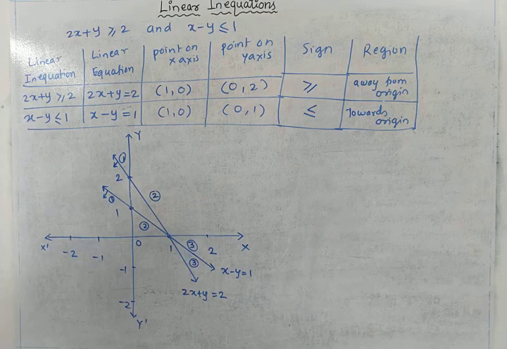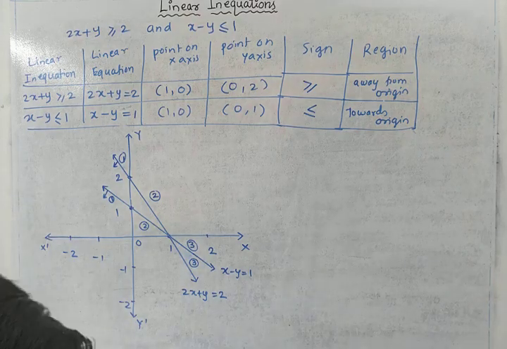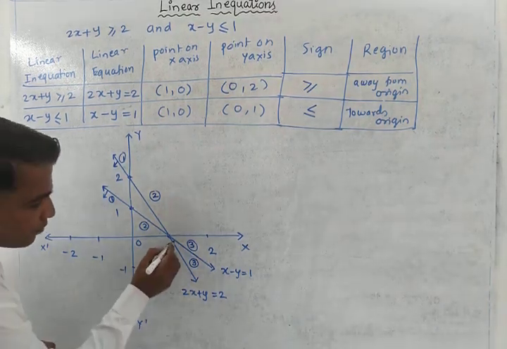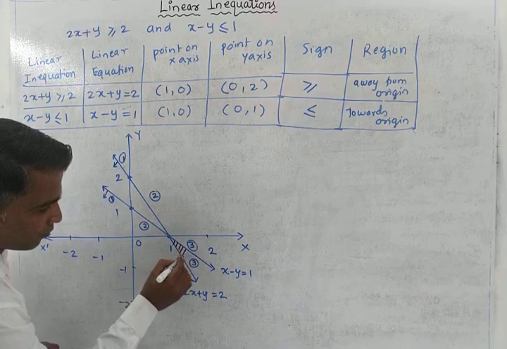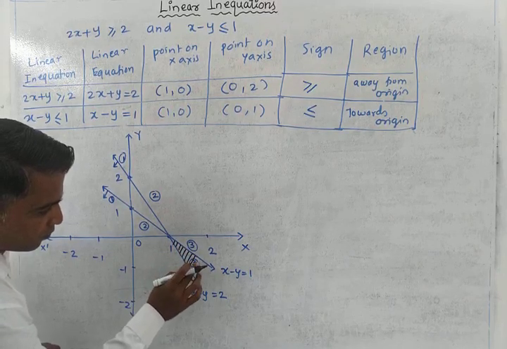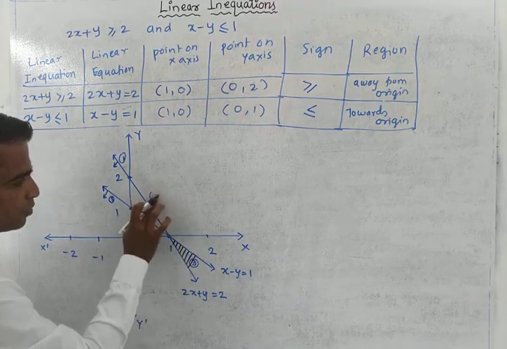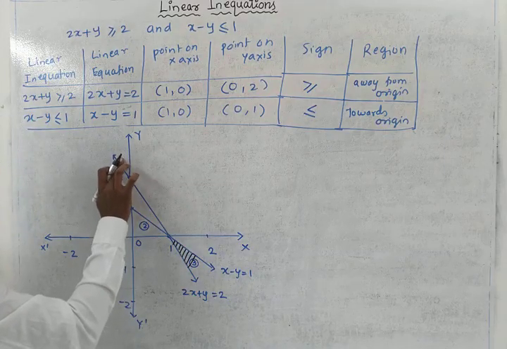Okay. Now if we check that, we have to find the common region. So for that, finding common region in which both of the conditions will be satisfied, and that will be only this part. So rest of the things we have to remove.